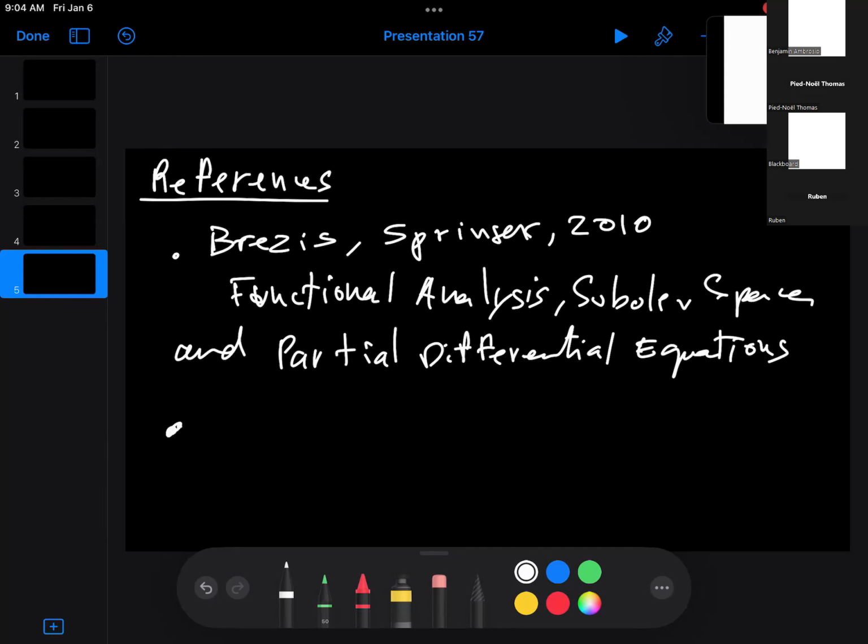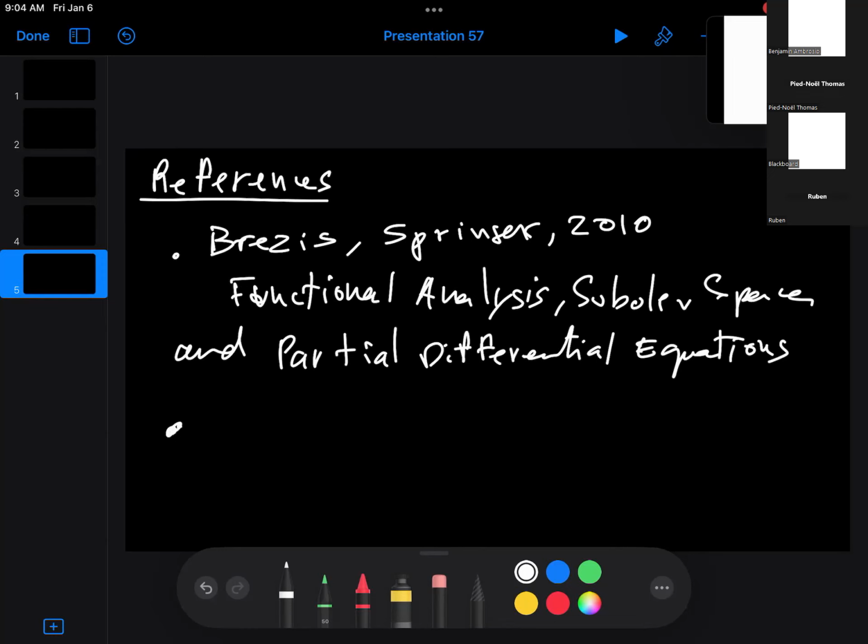This theorem is not proved in this book. In this book you will find the complete case for the L2 setting, and a lot of results about Sobolev spaces. It's a very useful book for graduate students and beyond, and it gives you a lot of references.